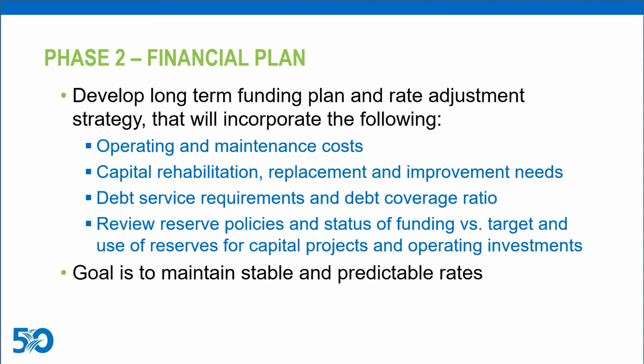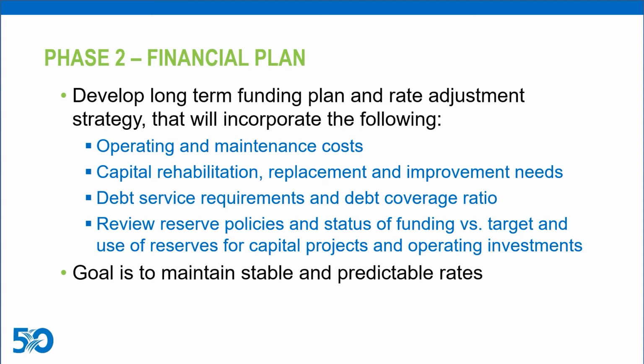The following costs will be incorporated into the financial plan: operating and maintenance costs, capital rehabilitation, replacement, and improvement needs. We will also evaluate what capital projects can be funded with rates and system development charges. Debt service requirements will be incorporated into the plan and will ensure that the district can meet its debt coverage ratio requirements for its debt covenants.